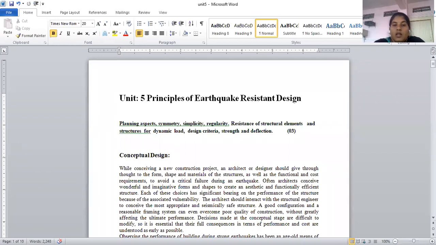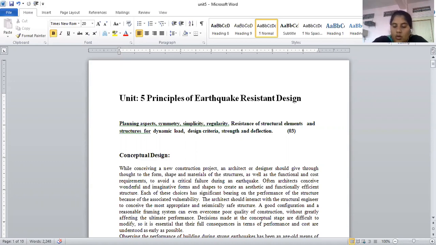Have stiffness related to subsoil properties.